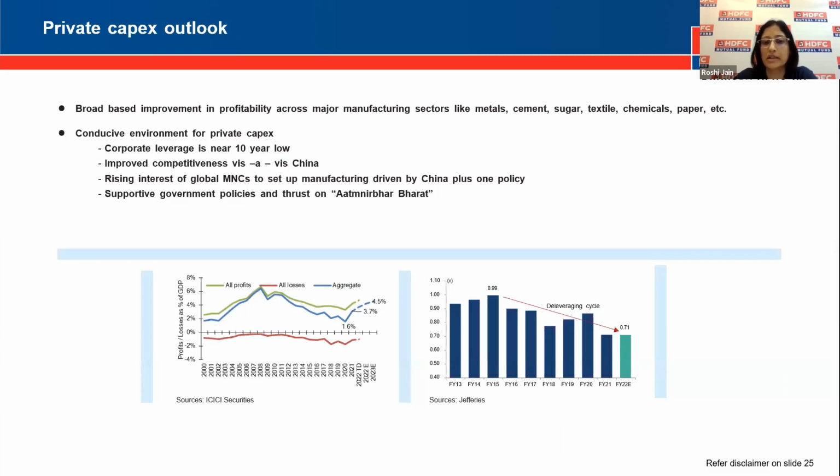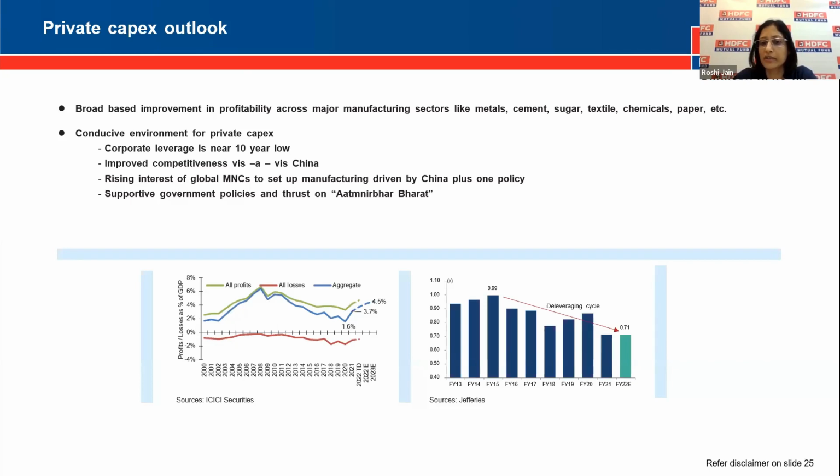So you will see that that number is now moving up, which is therefore a good sentiment for corporates to also start Capex. Capex commitment requires positive sentiment from companies, and I think profits inflecting upwards provides that positive sentiment.